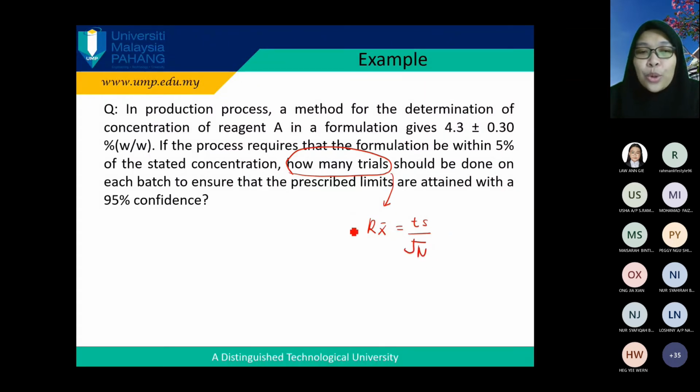Okay, so the values are given, but still we don't know which one is which, right? So this within 5% is the relative standard error. Because if you read again and again, you know that this is actually the relative standard deviation, R, but it is given in percent.